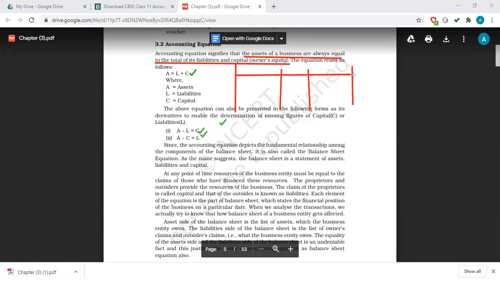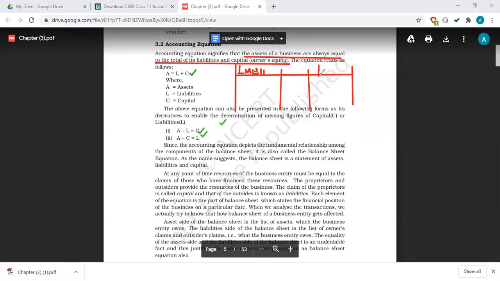Now this is the format of your balance sheet. Over here, I'm writing roughly. This is the liability side. It is written as liabilities. I'm writing in short form.